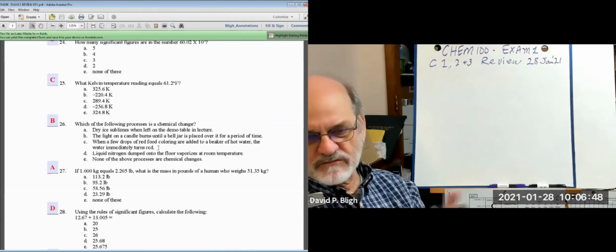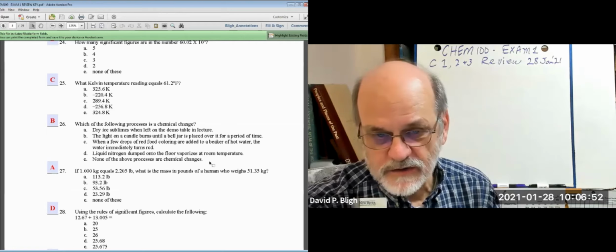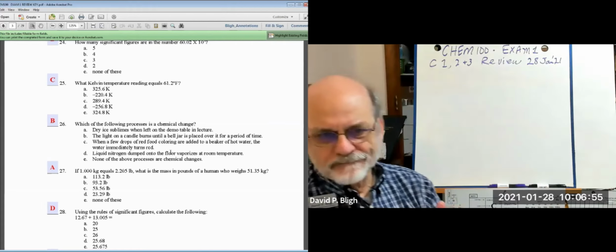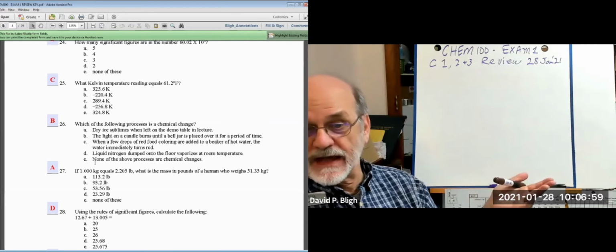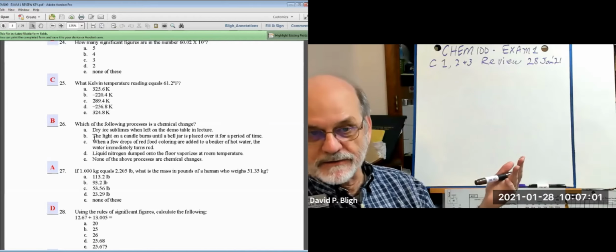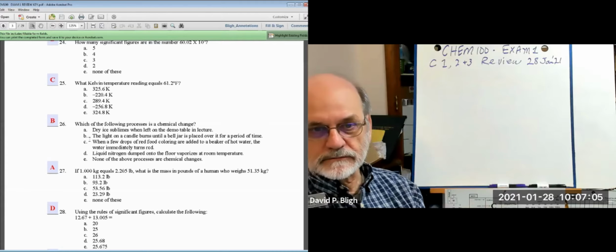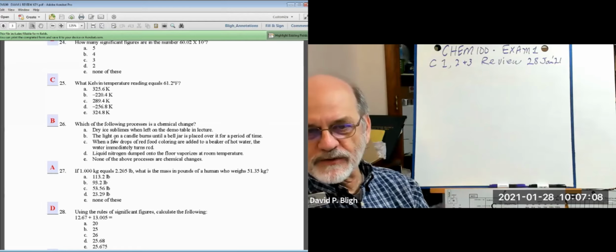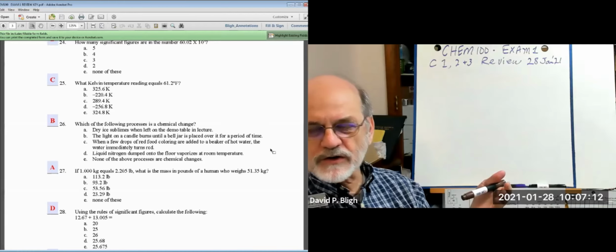How about C? The reason we need to do C and D is because none of the above processes are chemical change. Well, actually, E's false now because we know that one of them is. So that means test taking technique, B's the answer. A few drops of red food coloring is added to a beaker of hot water. Water turns red.